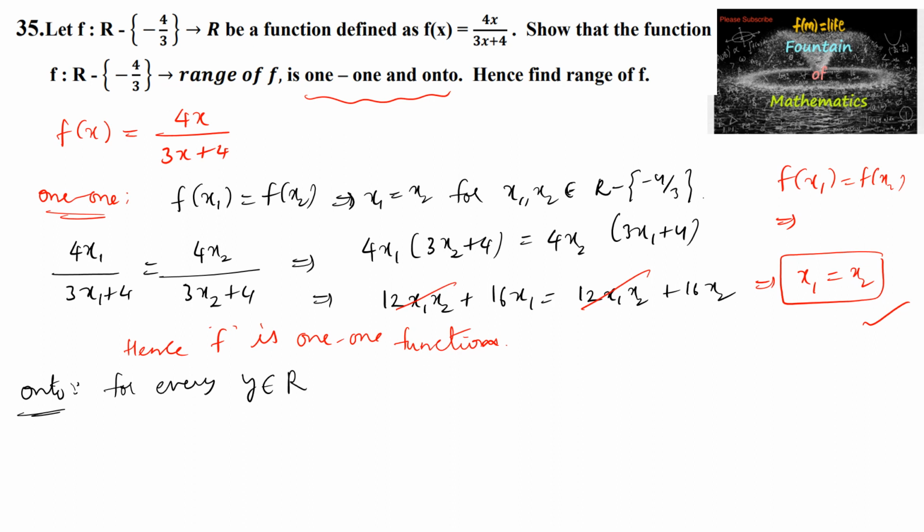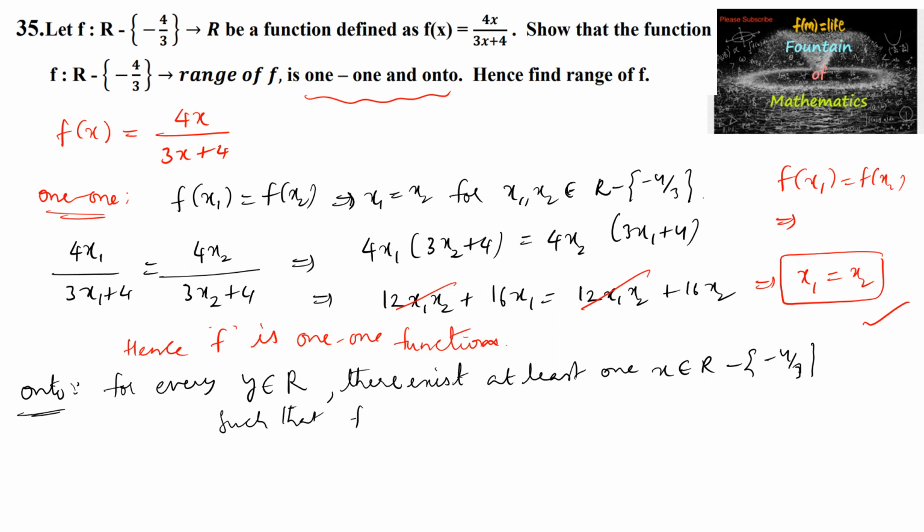Here codomain is R. For every y belongs to R, there exists at least one x belongs to R minus of -4 by 3, such that f of x is equal to y. So let us consider f of x is equal to y, 4x upon 3x plus 4, for x not equals to -4 by 3.